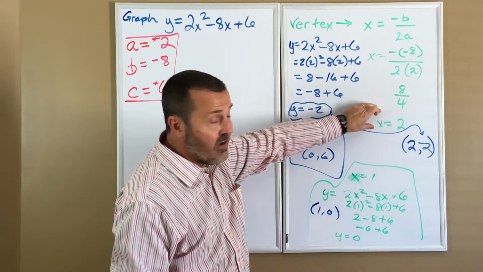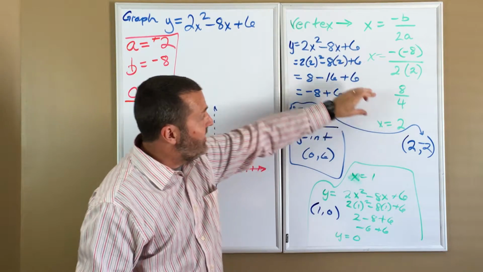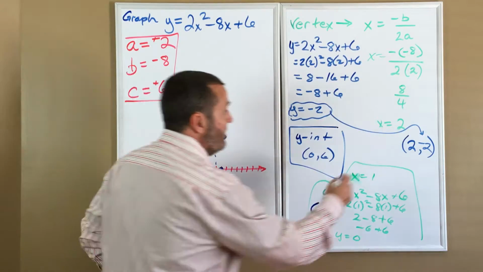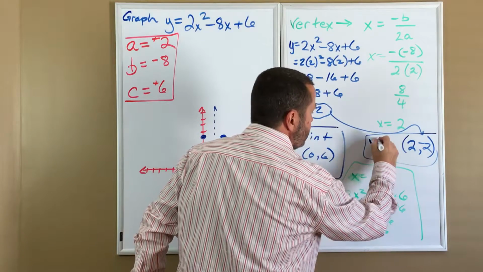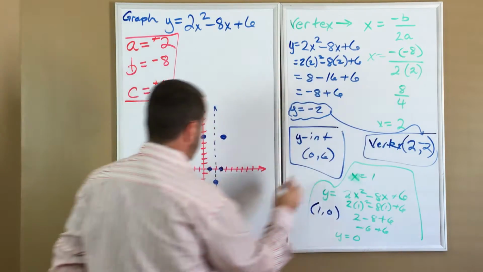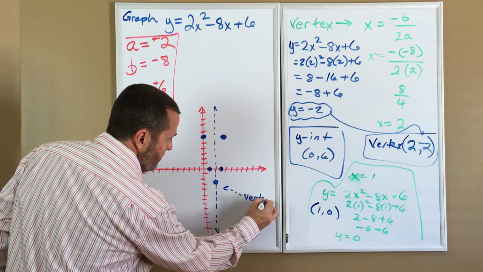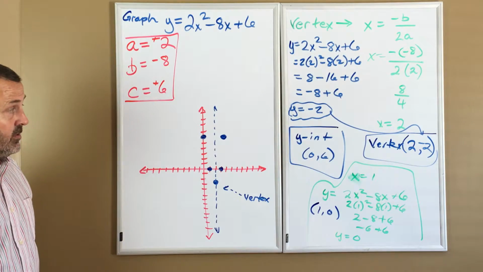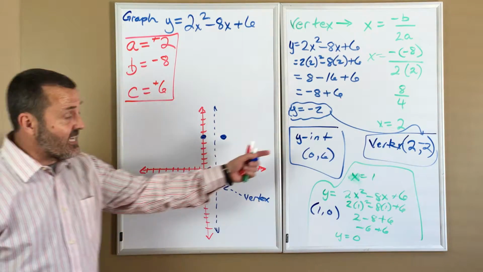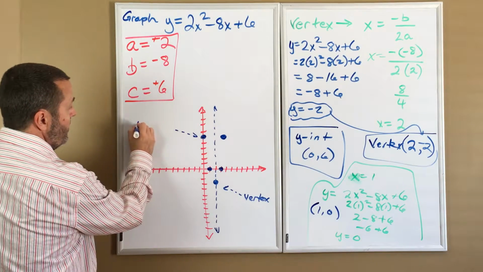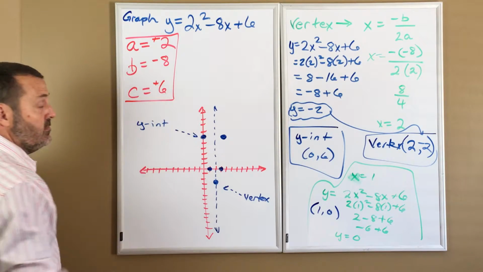That gave us our x value. We can plug our x value back in to give us our y value. Bam! We've got our vertex. That is the vertex. Our y-intercept is our c value.